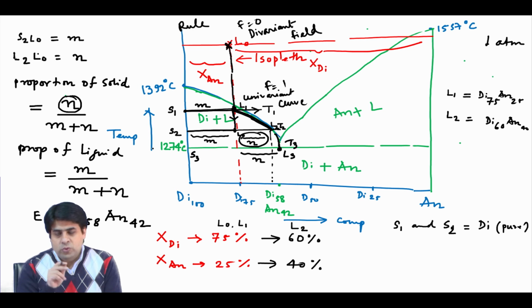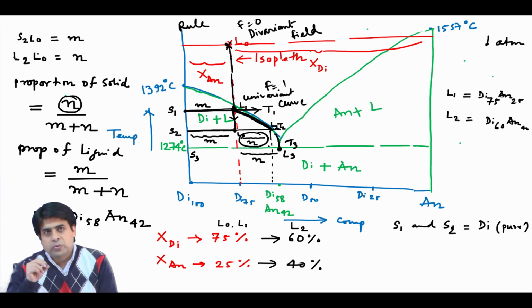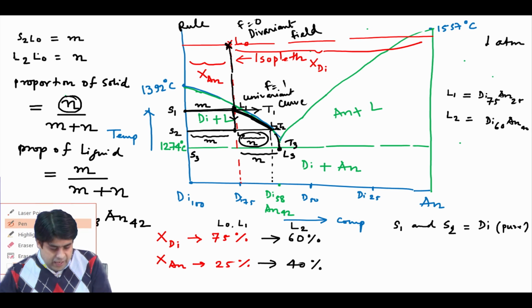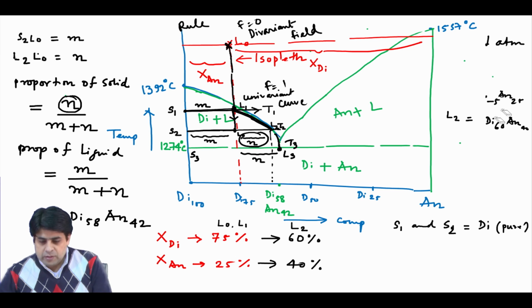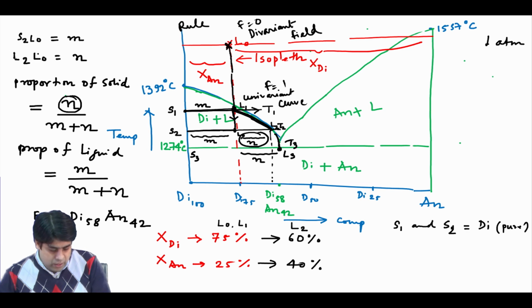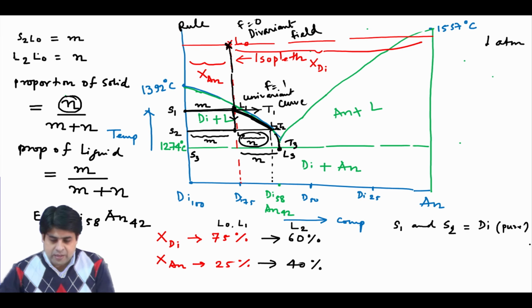But when you give more heat to the system, what will happen is that at the eutectic point your liquid composition will always coexist with diopside and anorthite crystals. Okay. This eutectic liquid composition will always coexist with your diopside and anorthite crystals.